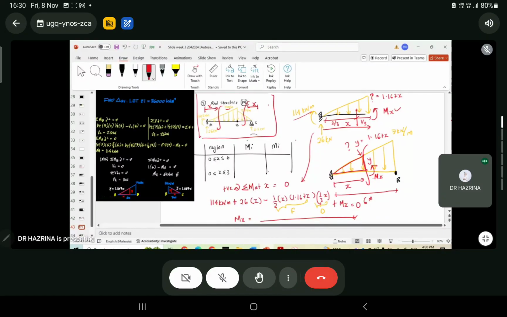So when you want to get your equation MX here, your loading here, if you have a triangular load, here is 7 kilonewton per meter.